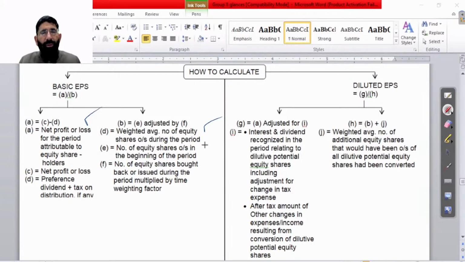For that, we take the number of equity shares outstanding in the beginning of the year, plus or minus the number of equity shares bought back or issued. We have to adjust for whatever further issues have been made or whatever shares are bought back. I have taken many examples for you and you have done it very perfectly in our previous lecture.